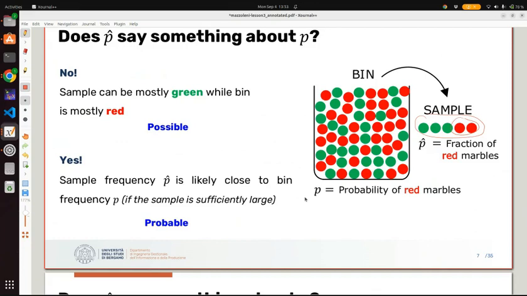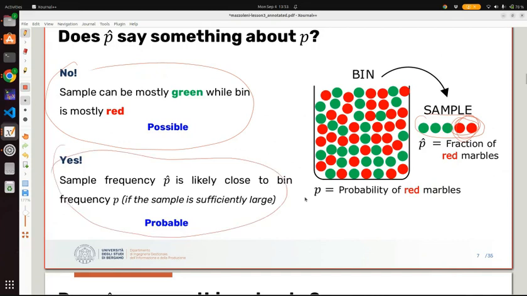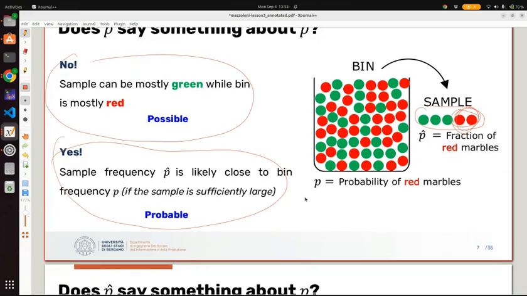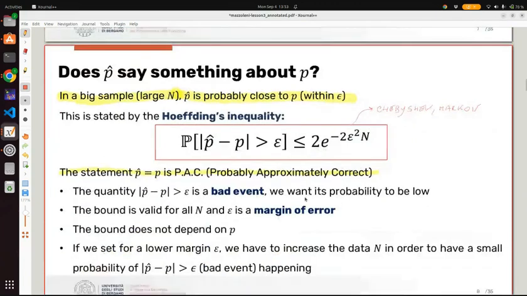For instance, all the marbles could be green even if I picked up 2 red here. But actually, I can say something in the sense of approximation and in the sense of probability. This is what I was trying to tell last time.